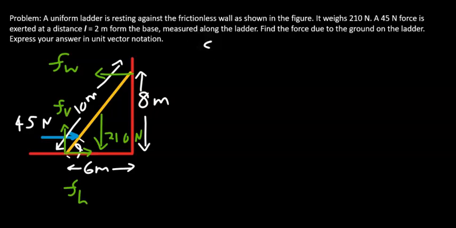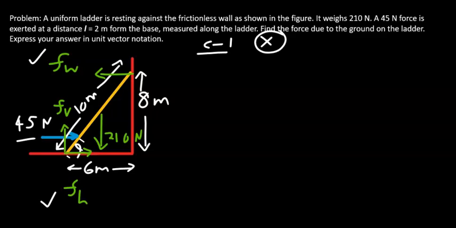Now let's write down condition 1 of static equilibrium. Let's balance the X component of the forces acting on the ladder. There are three of them: F sub H, F sub W, and 45.